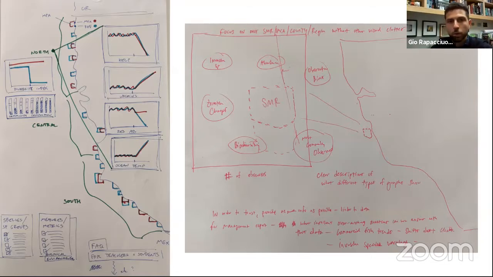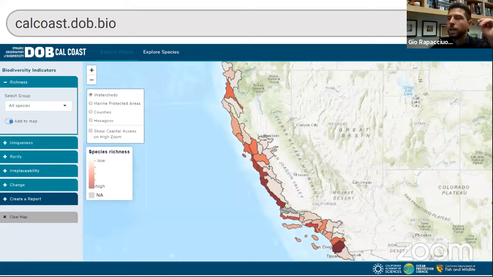Let's talk a little bit more about this during the Q&A, but I just wanted to take the remainder of our time here to introduce the web tools that you can use to access the findings from our project.